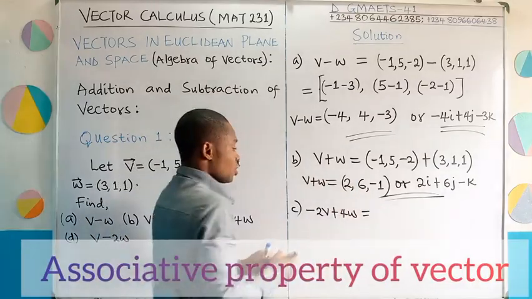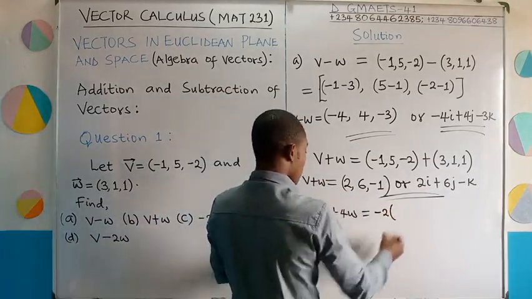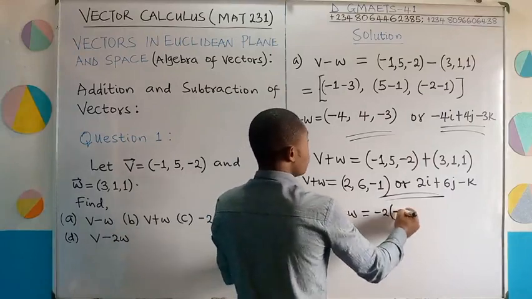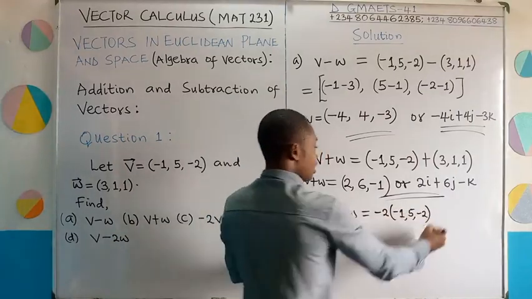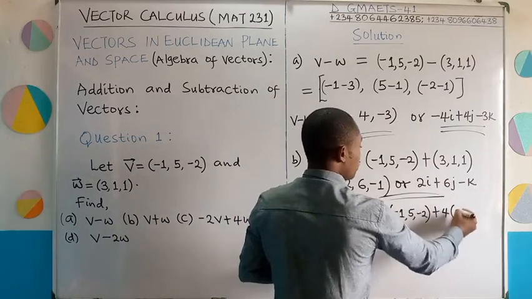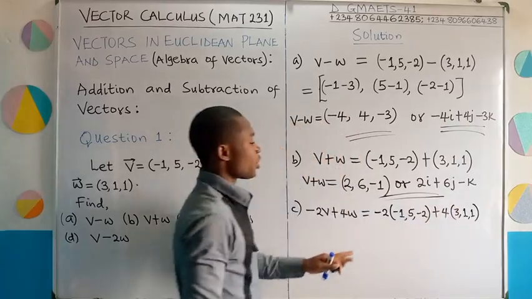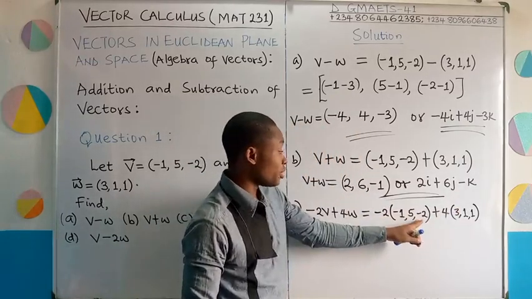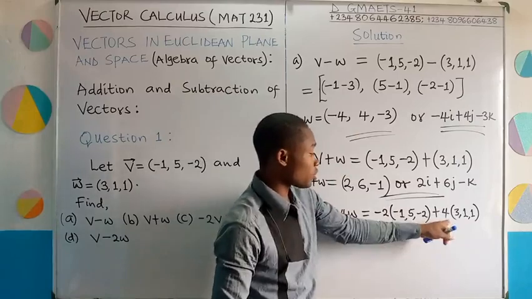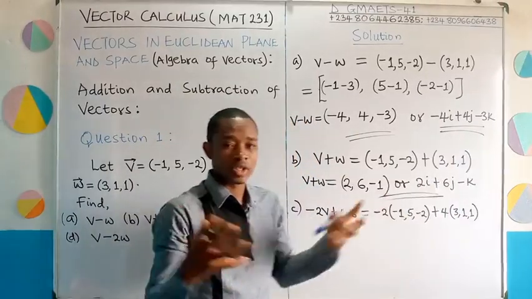That's what happens. So I'm going to write this as minus 2 open bracket our v. We have this. Then we are adding it to 4 times the value of w, which is, and so we're going to use this minus 2 to multiply each of the terms in v, use plus 4 to multiply each of the terms in w, then we just add.